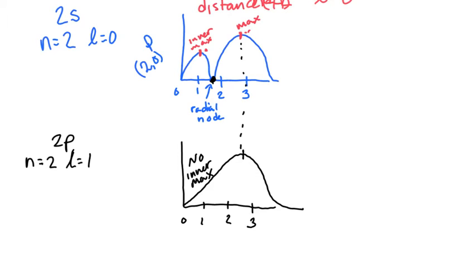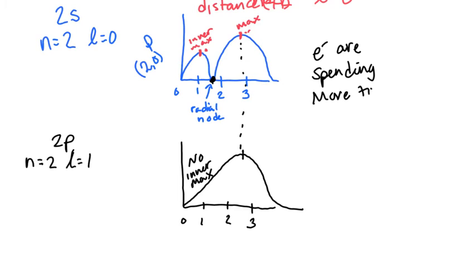So what this means is that in the 2s orbital, electrons are spending more time closer to the nucleus. Okay, because remember on our x-axis here, we're dealing with distance from the nucleus, assuming that at 0 angstroms here, we're at the nucleus.